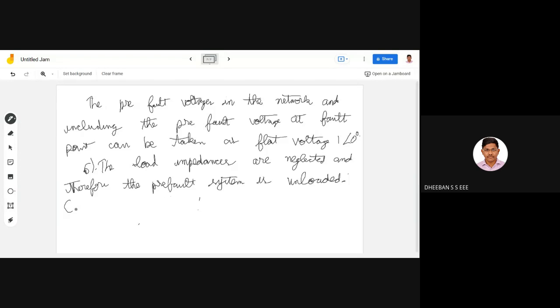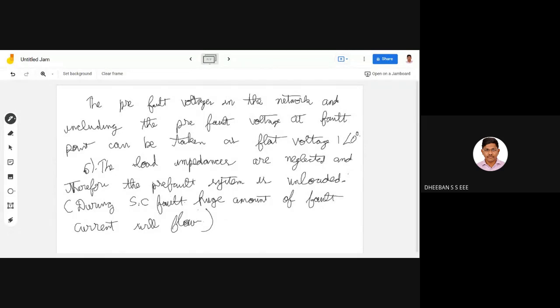During a short circuit fault, you know that a huge amount of current will be flowing, and hence you have to neglect your load impedances.